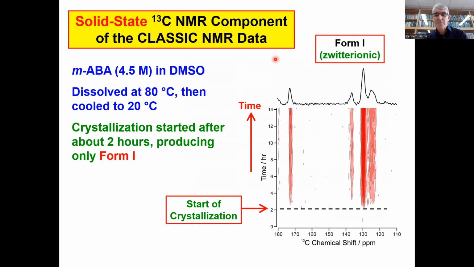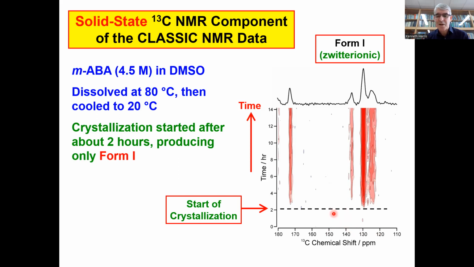And here's the evolution of the solid state NMR spectrum as a function of time during the experiment. First of all, we notice that for the first 2 hours of this experiment, there was actually no signal in the solid state NMR spectrum. And that is telling us that what we have at this stage is a supersaturated solution that is thermodynamically unstable.